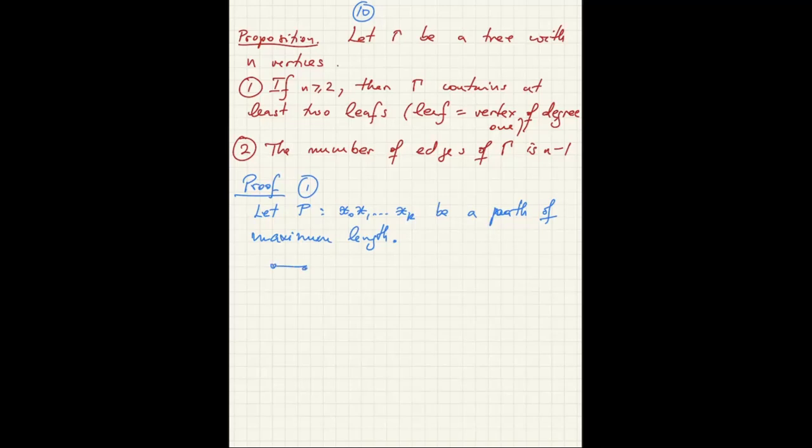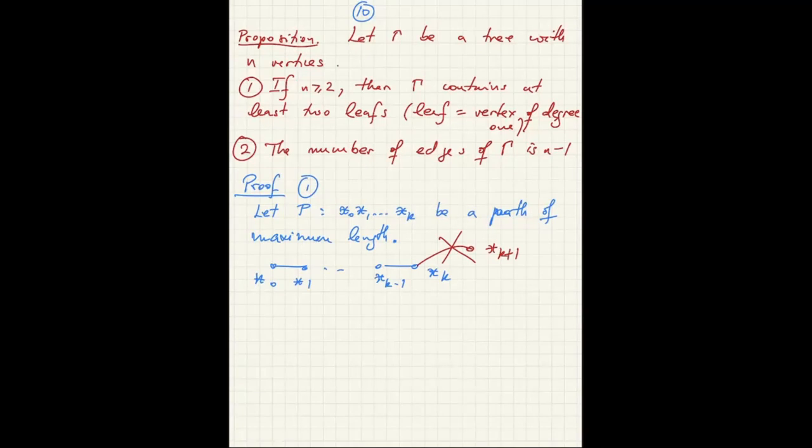So you have this path. All these vertices are distinct. Now, what can you say about xk? Well, if xk has another neighbor this way, let's say xk plus 1, then that makes a longer path, so this cannot happen.